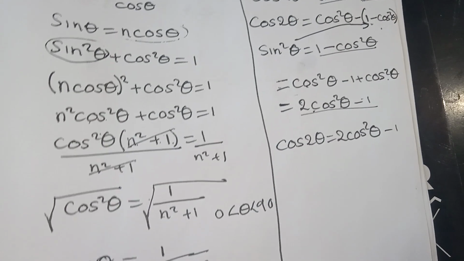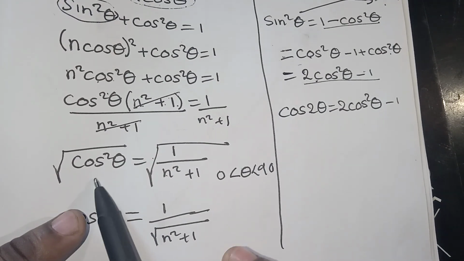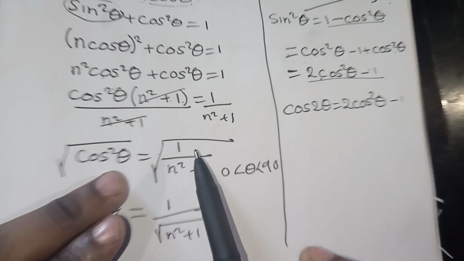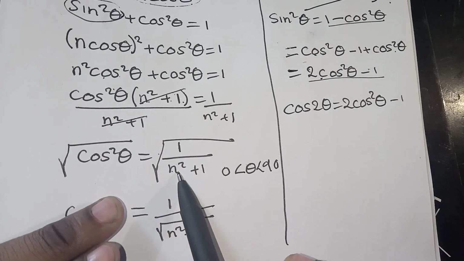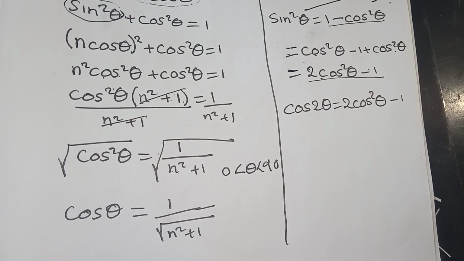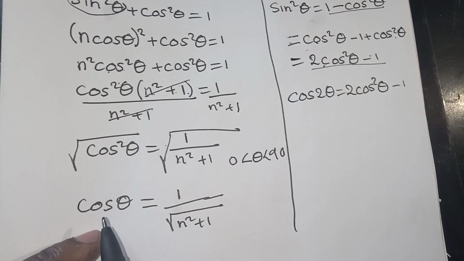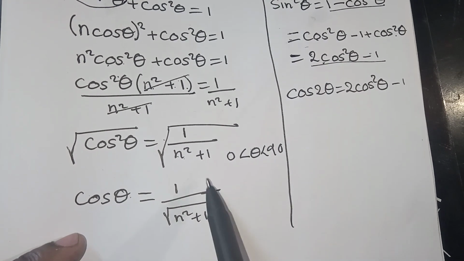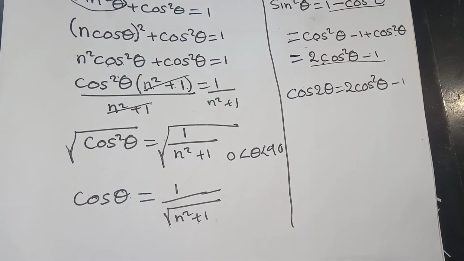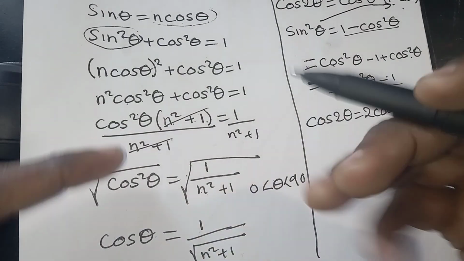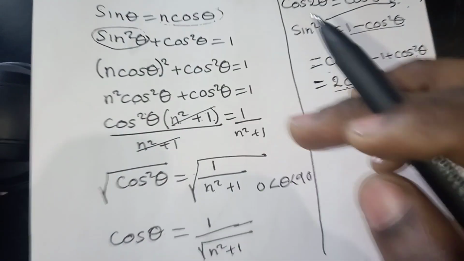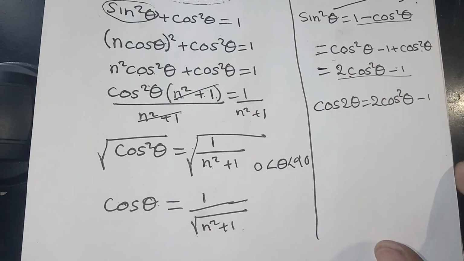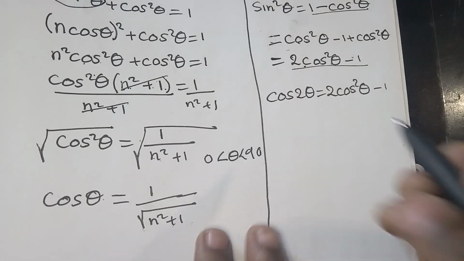And then from here, we know that cos squared theta is 1 over n squared plus 1. Or maybe we know that cos theta is 1 over this, but I want to use this version here. Okay, so I got a little distracted.